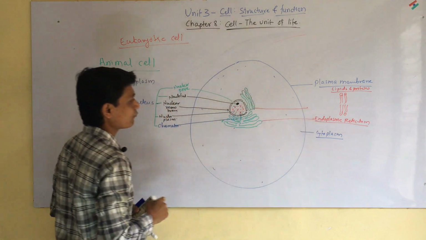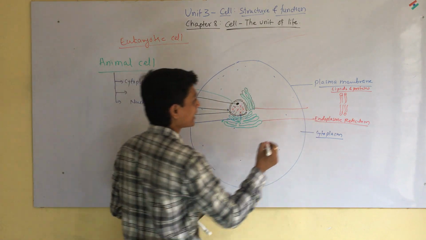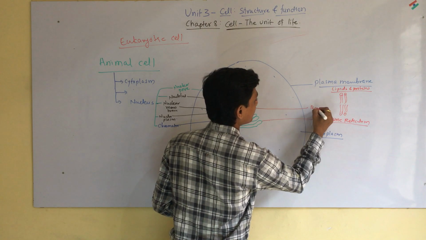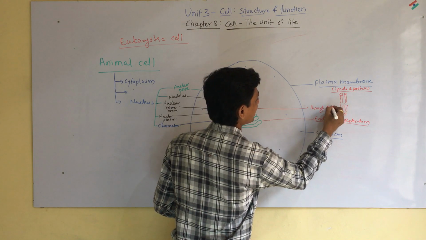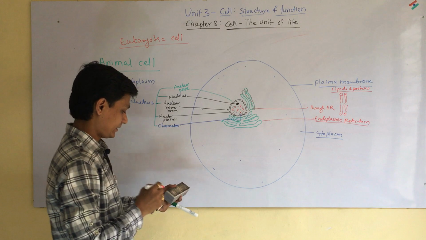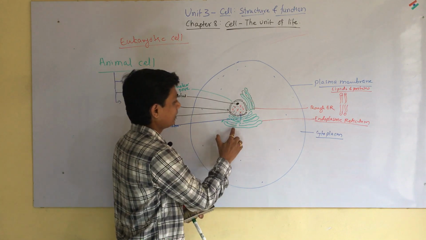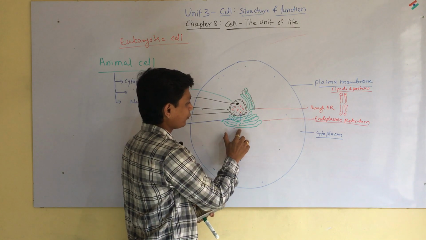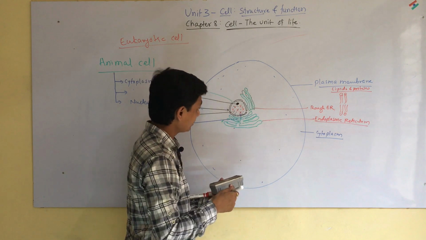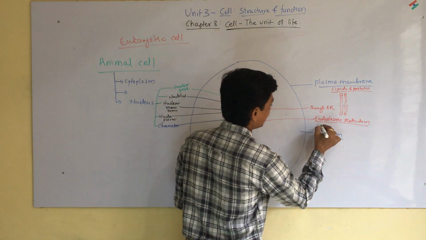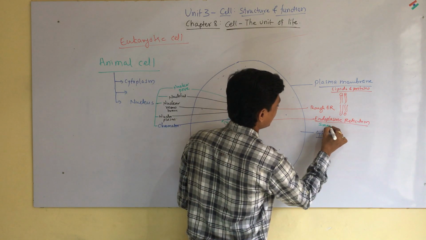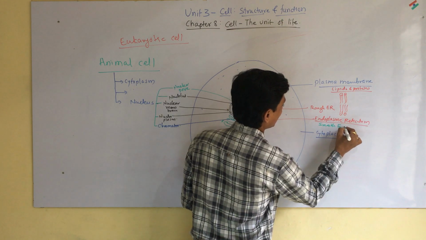So this type of endoplasmic reticulum is known as rough endoplasmic reticulum. And the endoplasmic reticulum without ribosomes is known as smooth endoplasmic reticulum.